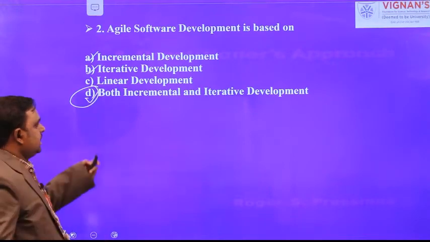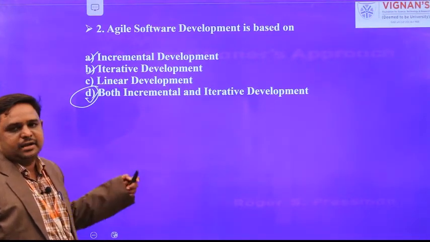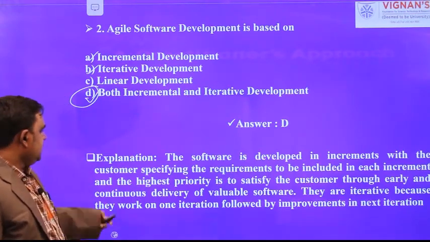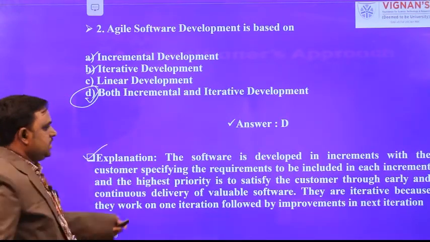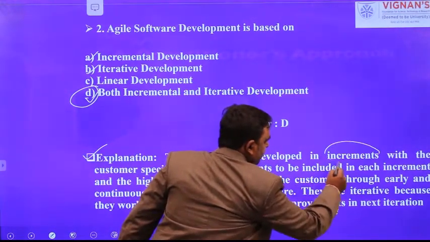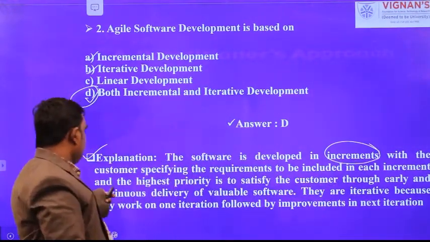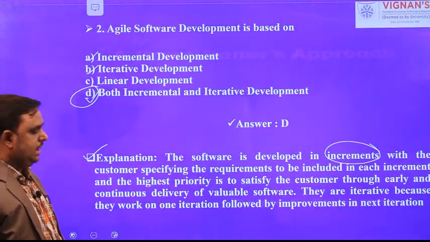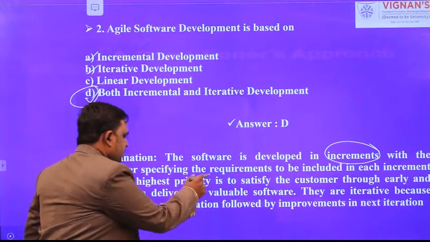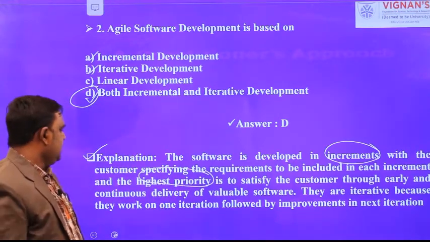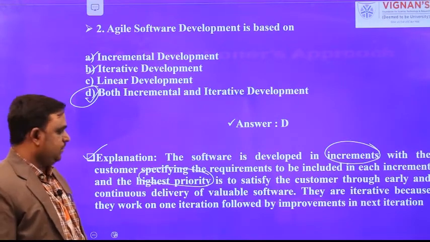So both incremental and iterative development, the option is D. Here see the explanation. The software is developed in increments, with the customer specifying the requirements to be included in each increment, and we give highest priority to satisfying the customer, and then we deliver the software.